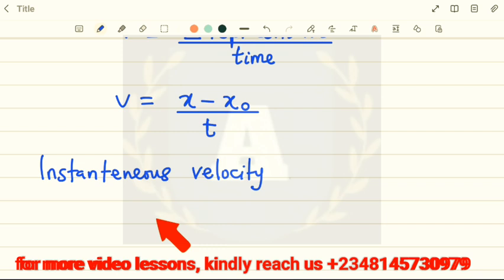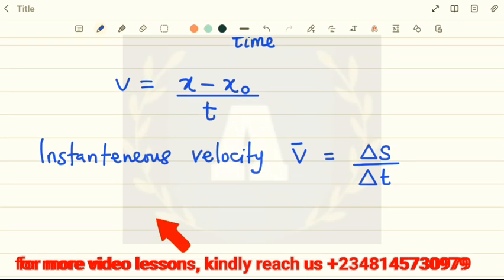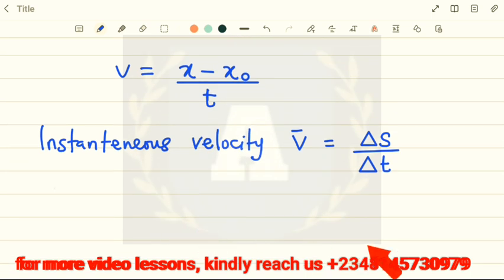So instantaneous velocity, v with a bar on it, will be written as change in s, that is change in displacement, all over the change in time. If we go further in our physics, we can take the limit of change in t equal to 0. So we can define velocity as changing displacement over changing time.